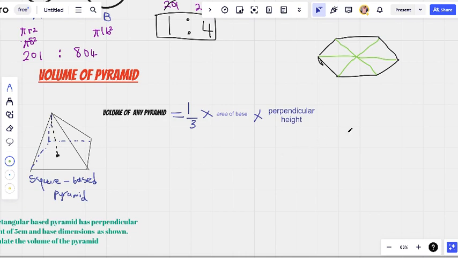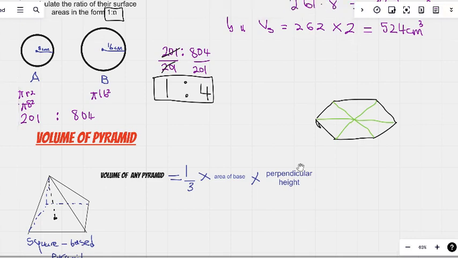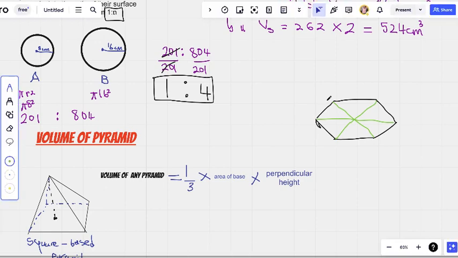Once you get the area of the base of the hexagonal pyramid, all of this will be taken to a peak. Let's say here is the apex of the pyramid. All of them will come here, maybe with broken lines. All of them will meet at this place.